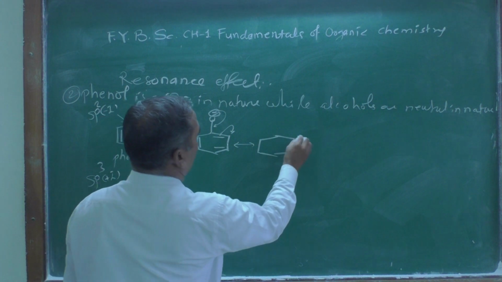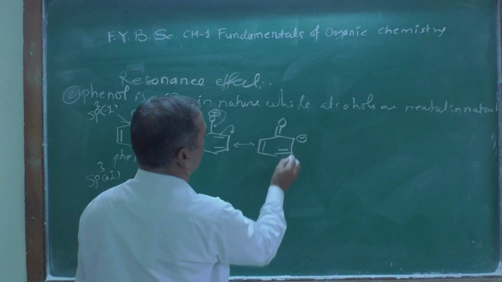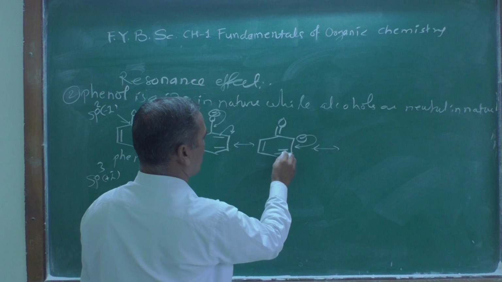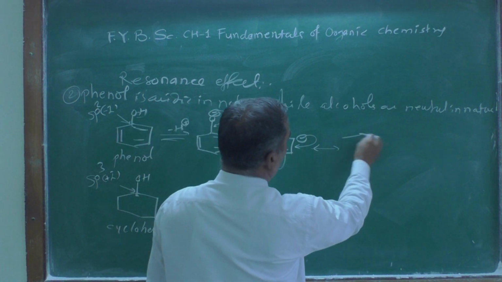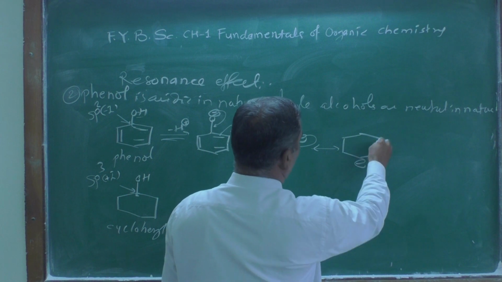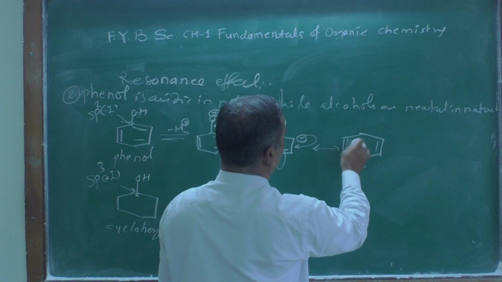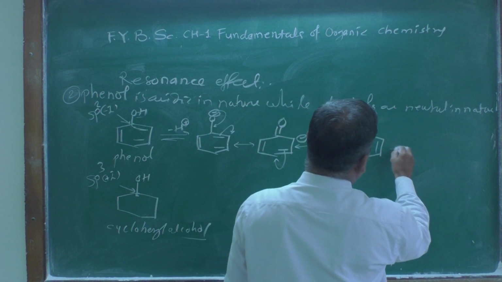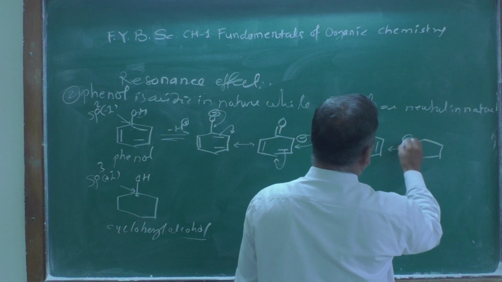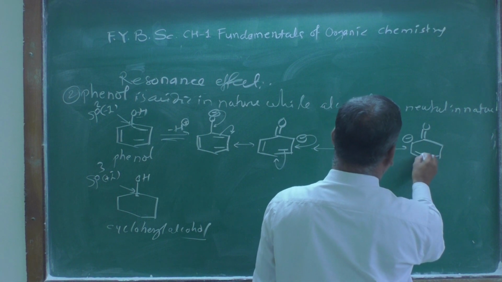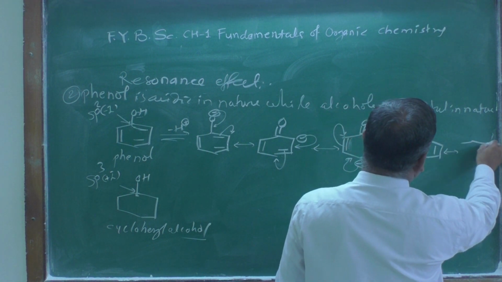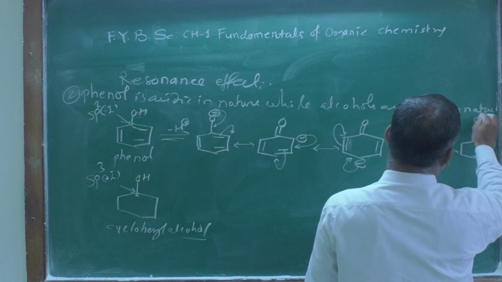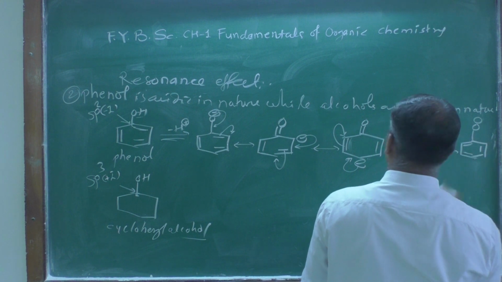You get the minus charge on O, with the double bonds remaining as they are. Then the double bond shifts and the negative charge moves over there, giving another structure, and then another, and another.